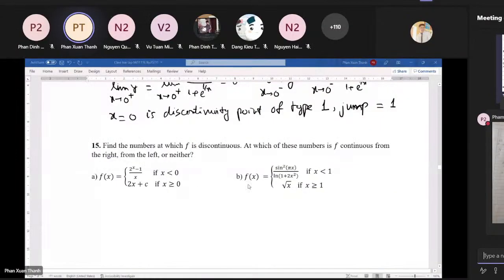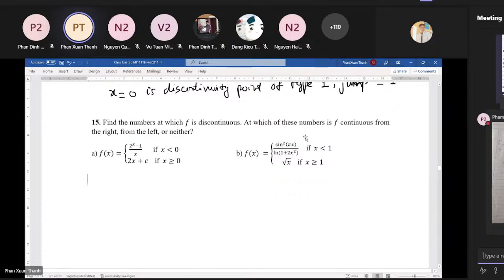The question asks you to find the number at which f is discontinuous. For part A, it depends on the value of c.